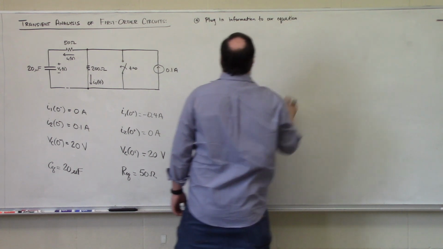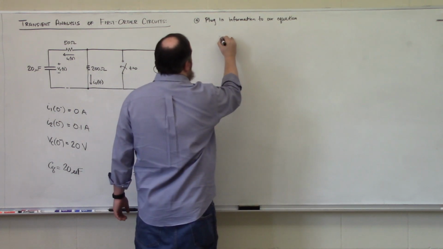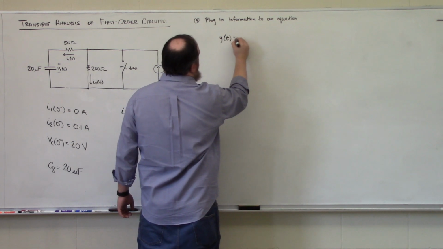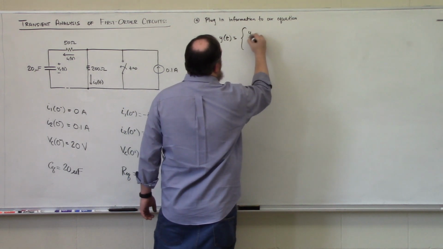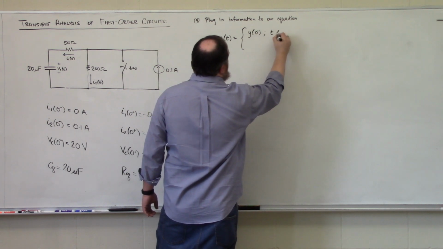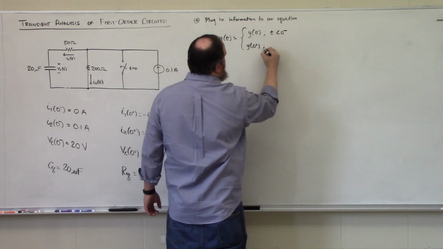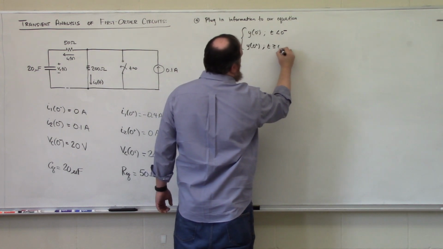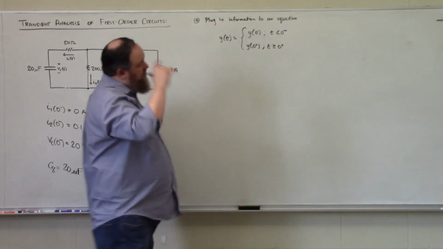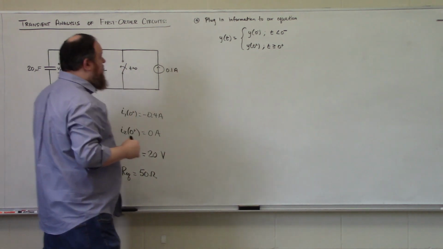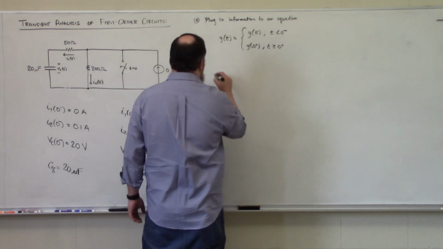Our generic equation was y of t is equal to y at 0 minus for t less than 0 minus, and y at 0 plus for t greater than or equal to 0 plus. So let's start with our capacitor voltage.